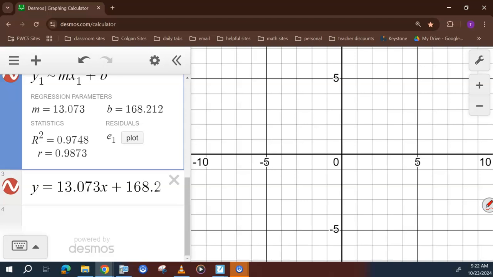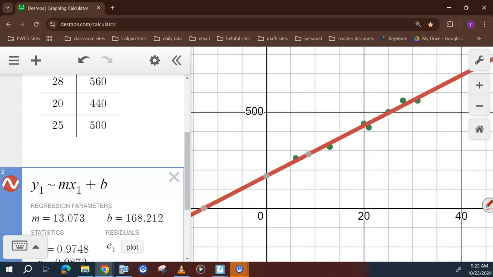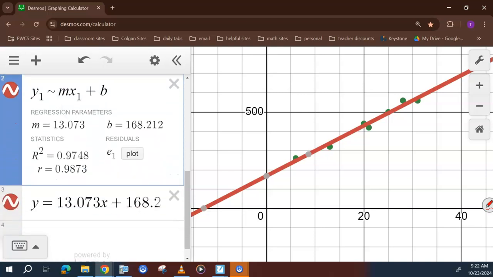So put in your equation afterwards, and then back at your table, there was a little magnifying glass at the bottom. You click that, and you'll be able to see your line of best fit and your data. And you'll see that this line goes through most of these points. It's surrounded by most of these points. The R squared tells us how strong or how weak this correlation is. The closer it is to 1 is the stronger it is. So I can say this is pretty strong.